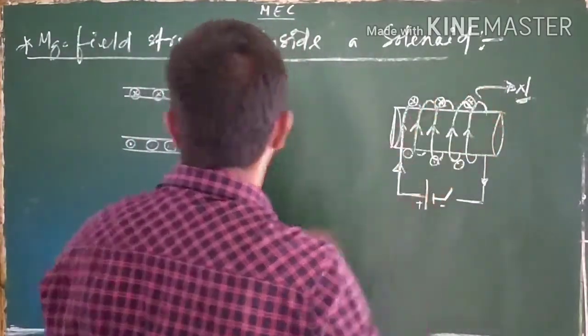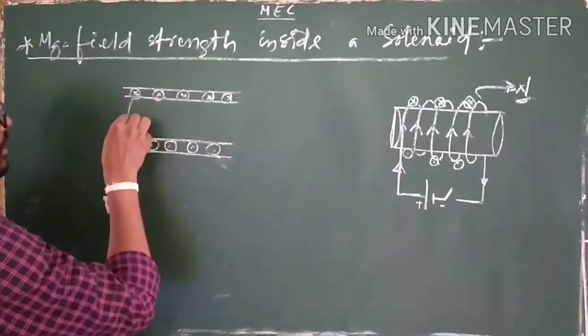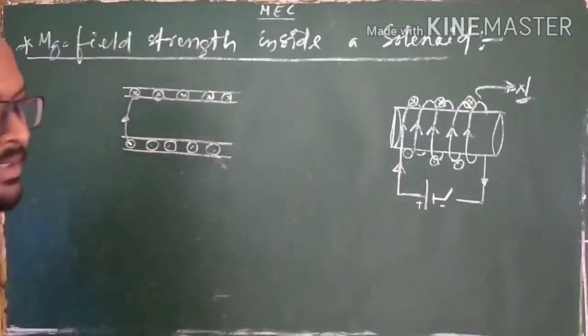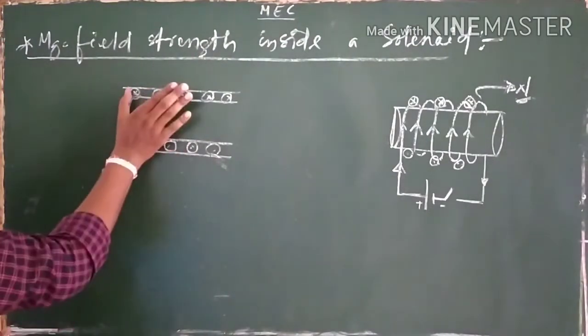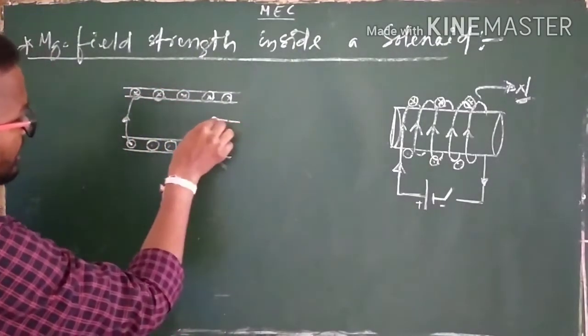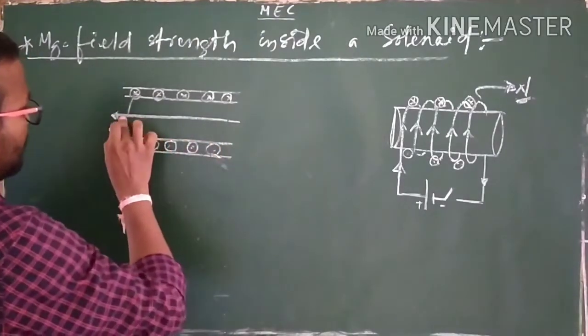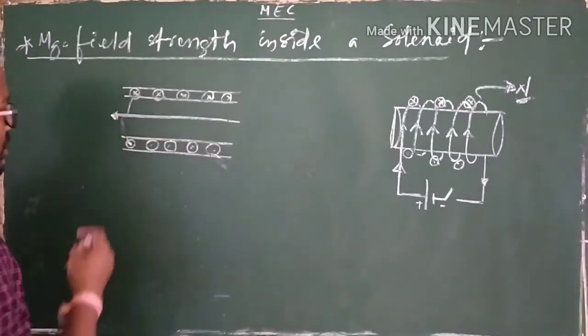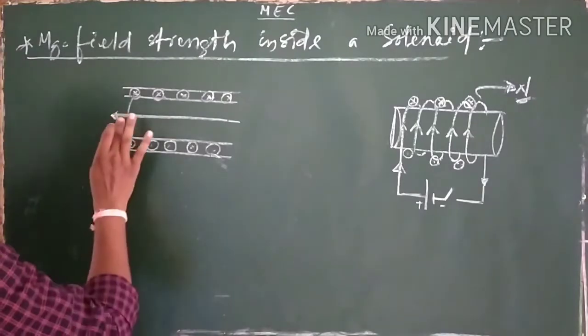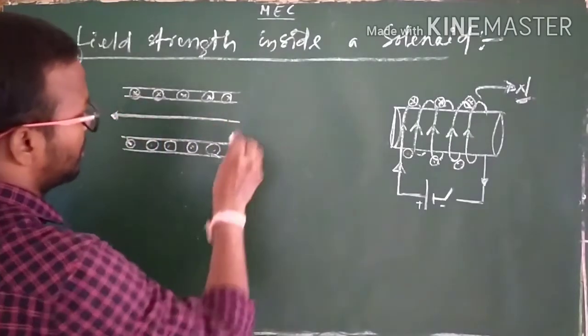Now look at the diagram. Due to this current flowing over the surface, this is the direction of the magnetic field. The magnetic field inside an ideal solenoid is a straight line along the axis of the solenoid.